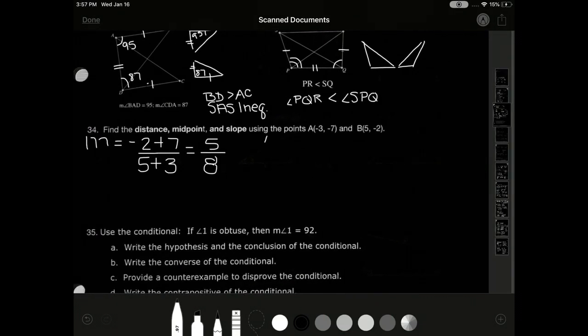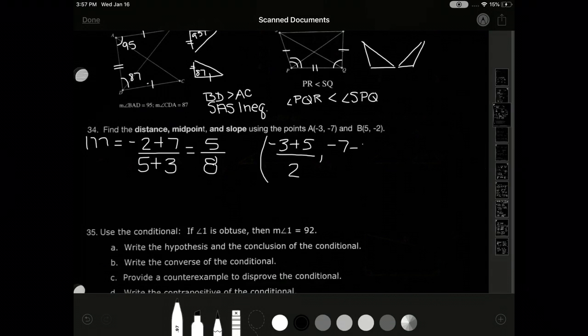Now let's do midpoint. Midpoint, you just add your x's together and divide by 2, add your y's together and divide by 2. So we're going to take negative 3 plus 5 divided by 2. And we're going to take negative 7 minus 2 divided by 2.